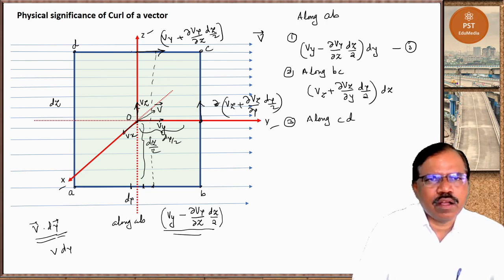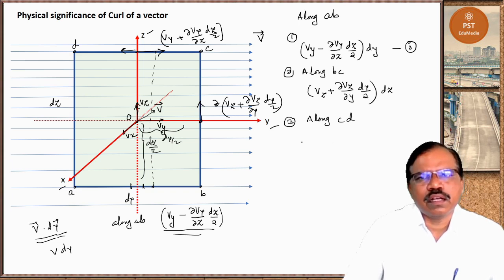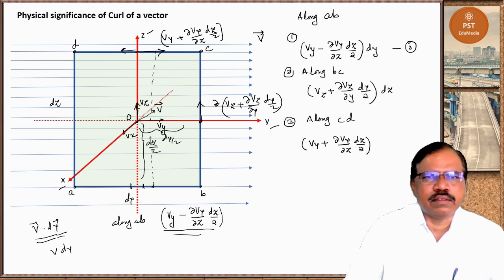And we are going along CD, so Vy plus ∂Vy/∂z into dz/2 multiplied by the length. The length DC is dy.